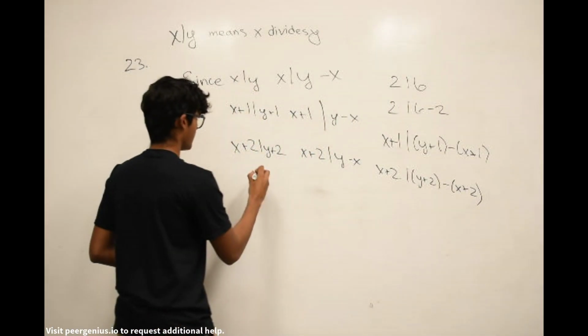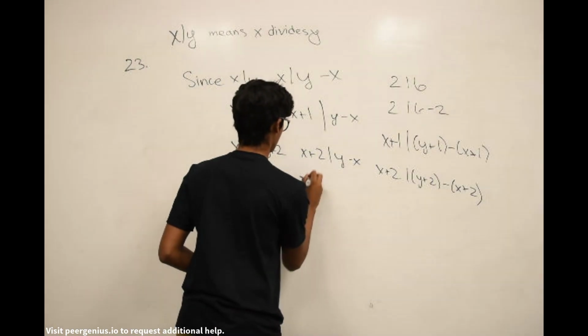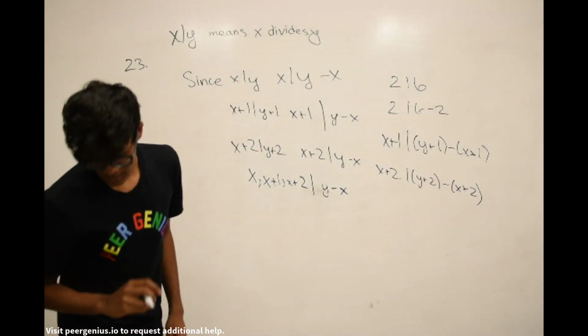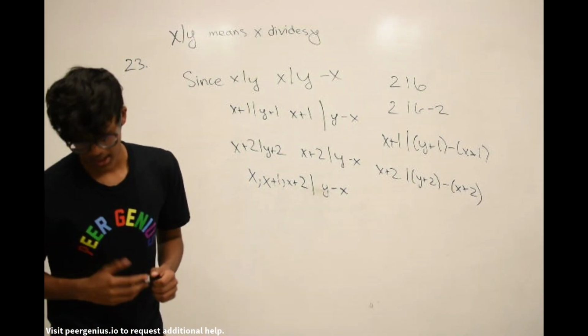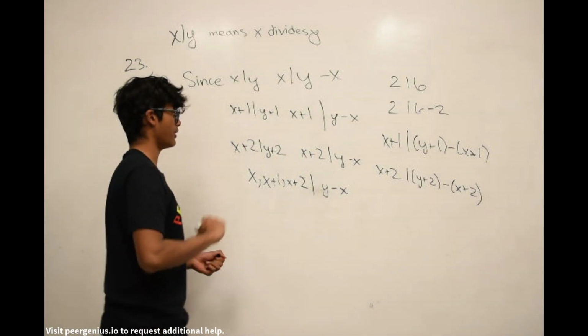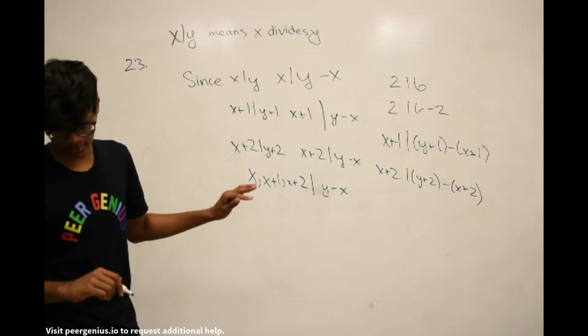That means x, x plus 1, and x plus 2 all divide y minus x. So now you're given that one of these is divisible by 7, and you're trying to find the smallest possible value of y.